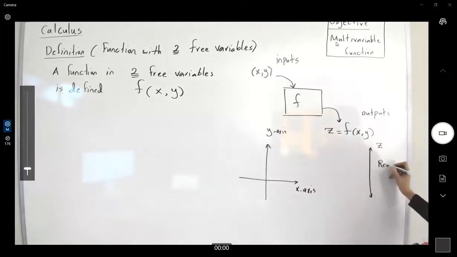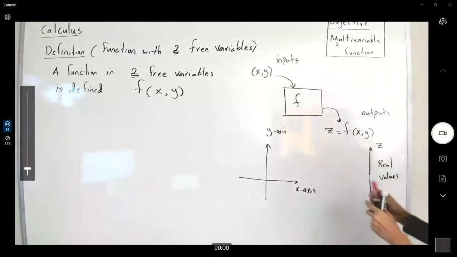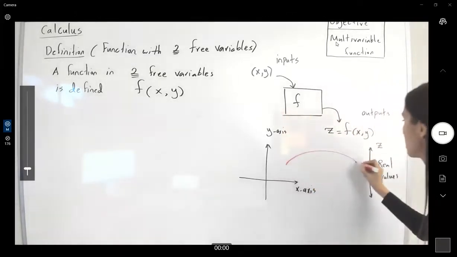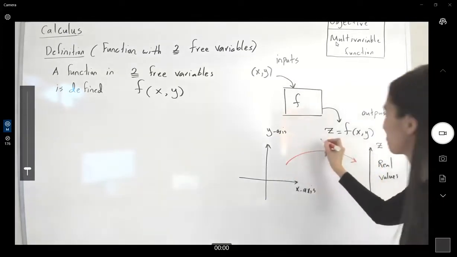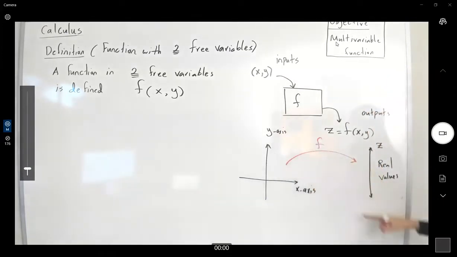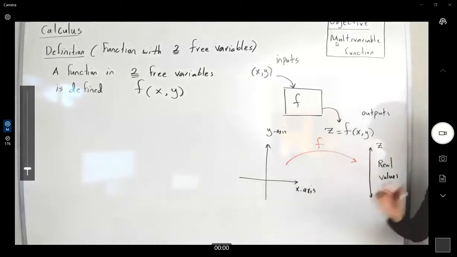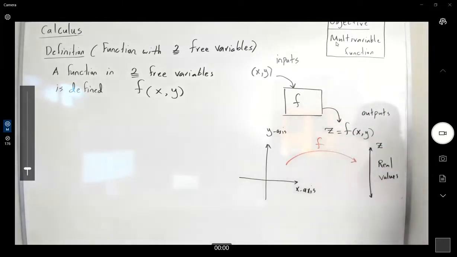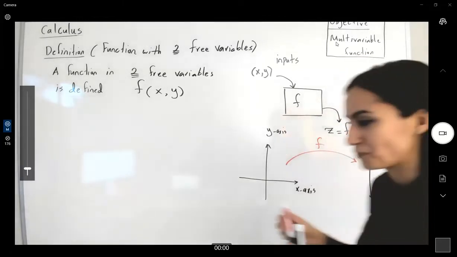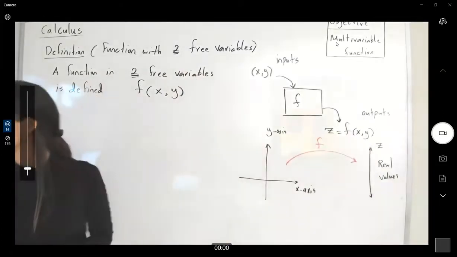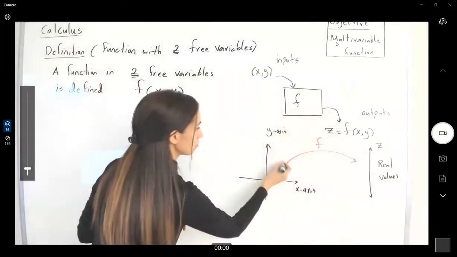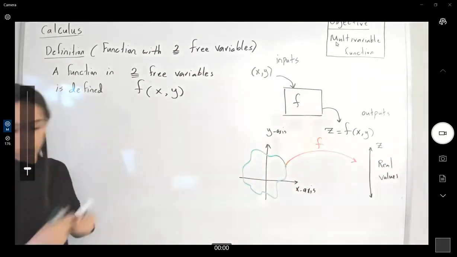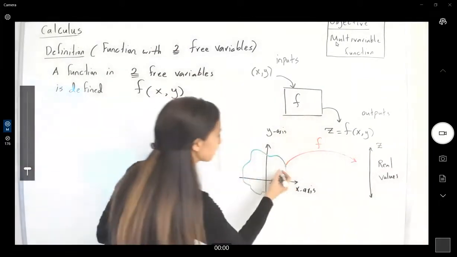These are real values. This is your function. Your function takes points and maps them to real values. It takes 2-dimension and maps 2-dimension into 1 dimension. The x and y's, they are all located here.